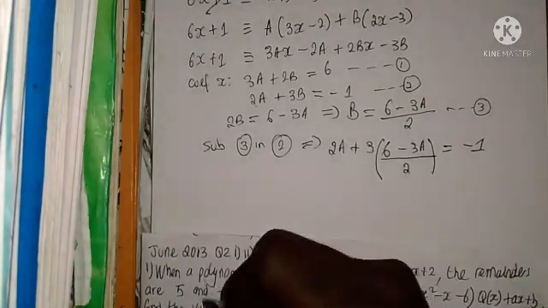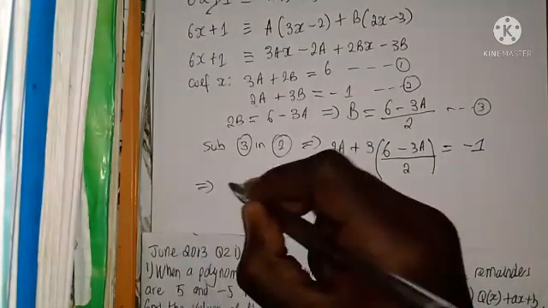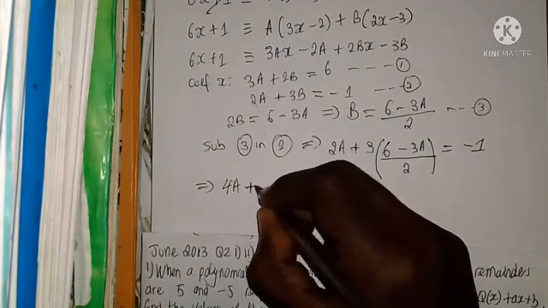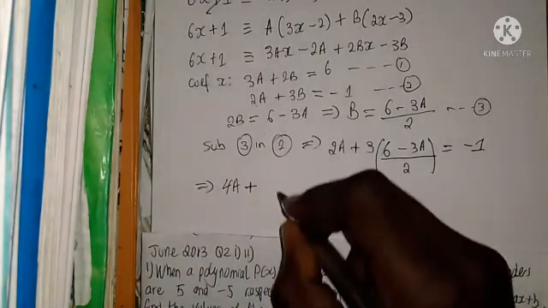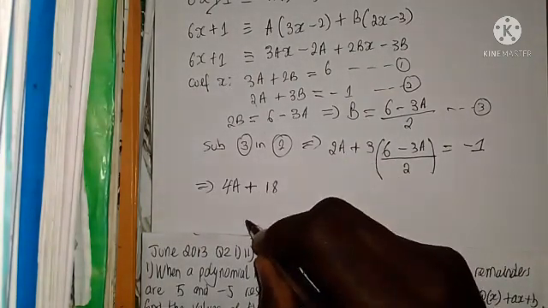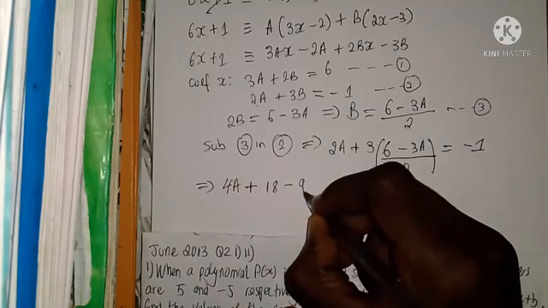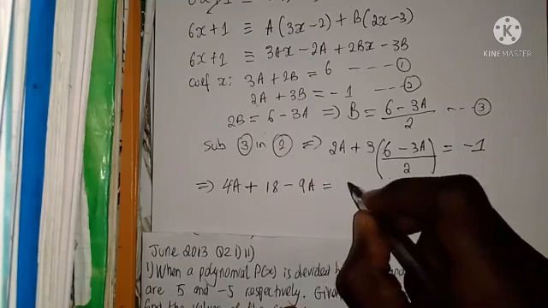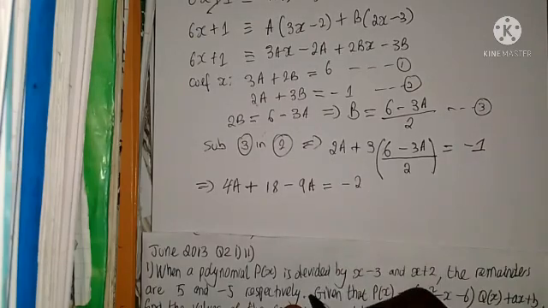This implies that we have 4a + 18 - 9a is equal to negative 2.